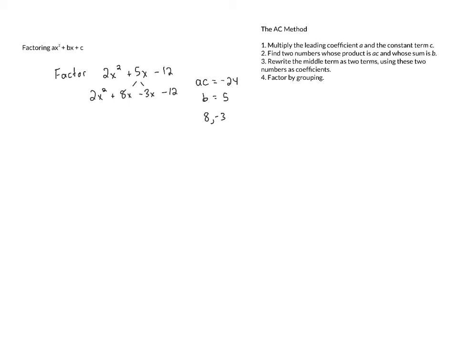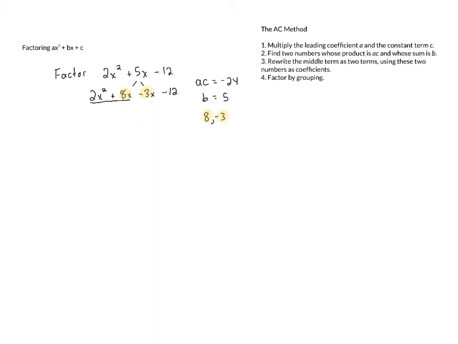We've taken these 2 numbers that we've found, and they become the new coefficients when we split up that term. Now, is 8x minus 3x equal to 5x? It absolutely is. What we're doing is splitting up this middle term into 2 different terms. And the reason we're doing that is because now our polynomial has 4 terms, and we can finish by grouping.